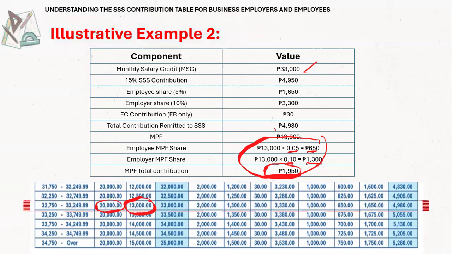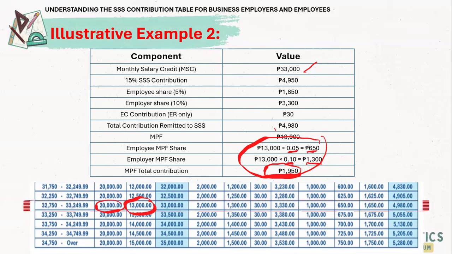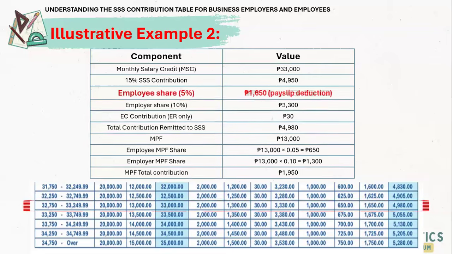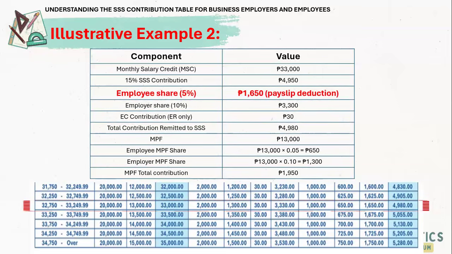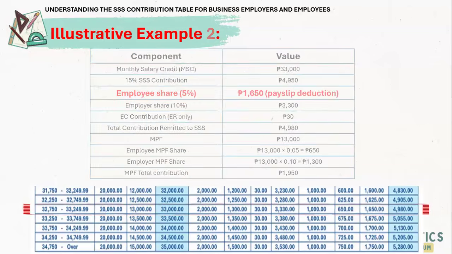So out of the total contribution that you remit to SSS, 1,950 comes from the Provident Fund. Okay, so remember that this total contribution could also be seen on the table. So that's how we use the table. So what will appear on your payslip? This one. So this 1,650 should appear on your payslip.